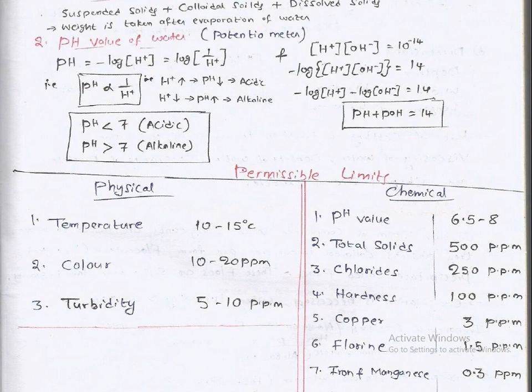Permissible limits. Physical: temperature 10 to 15 degrees centigrade, color 10 to 20 parts per million, turbidity 5 to 10 parts per million.